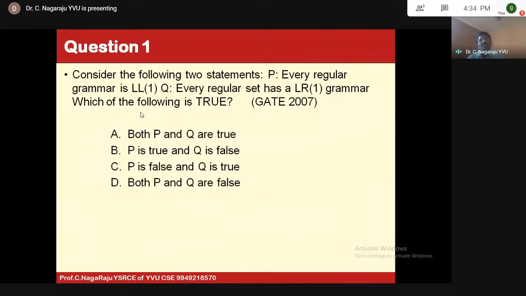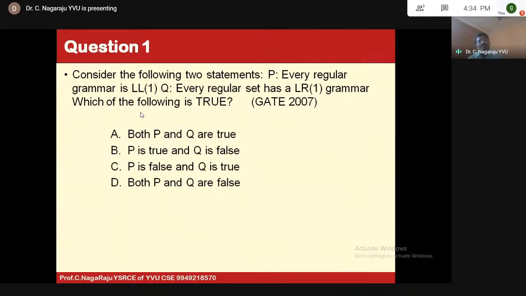Statement Q: every regular set has an LR1 grammar. Which of the following is true?